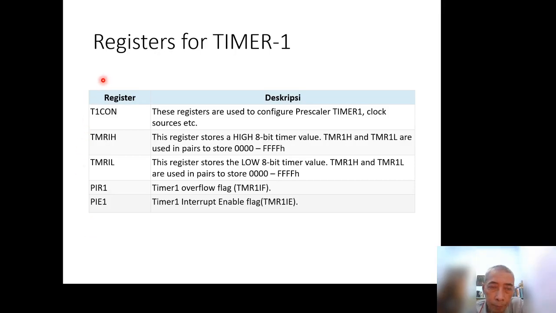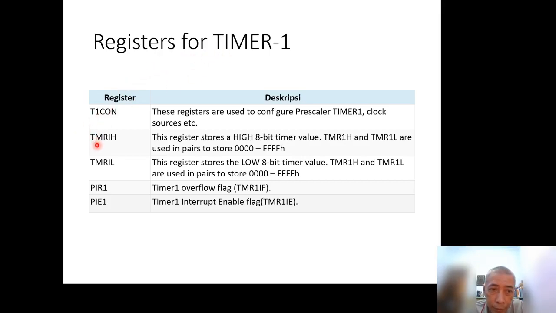Different from timer 0 and timer 2, the registers for timer 1 are 5 registers. The first one is T1CON. The timer works according to the configuration you save in this register, especially for timer 1, T1CON.